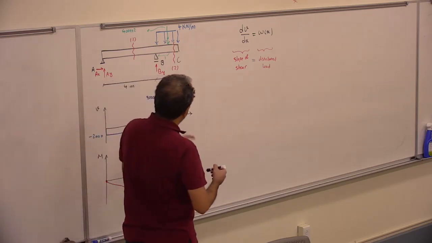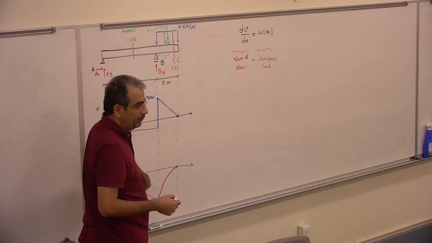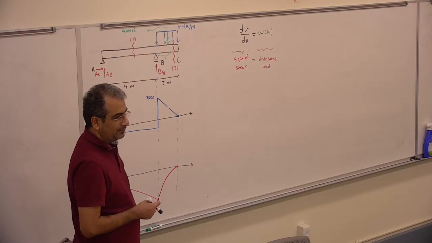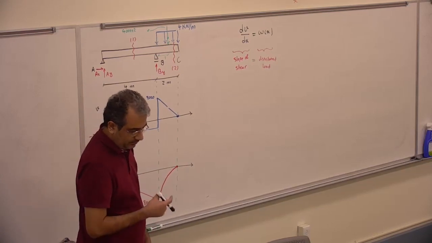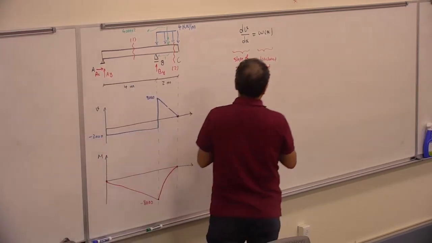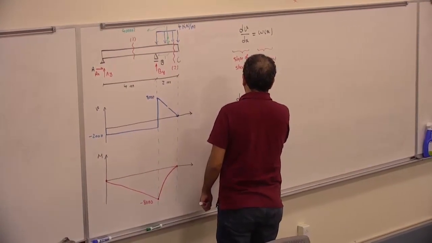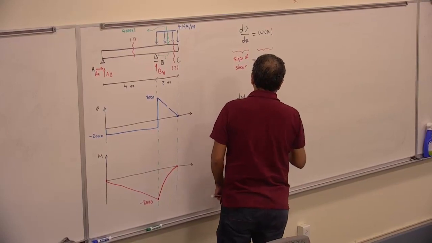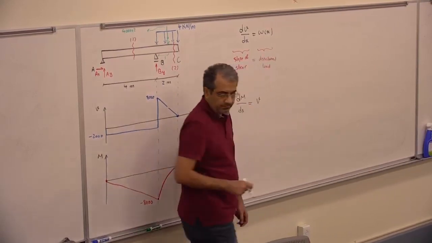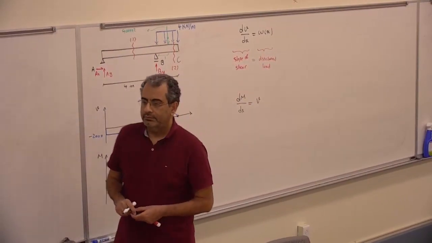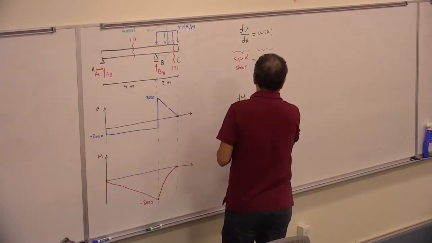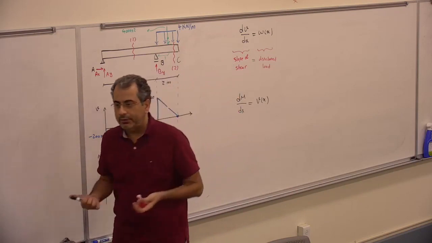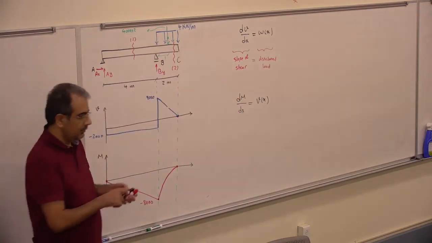The next one is that go there. dM over dx would be, so again dM over dx is the slope of the moment.